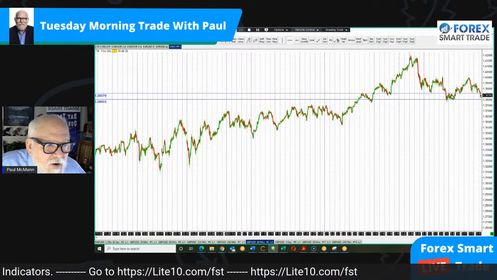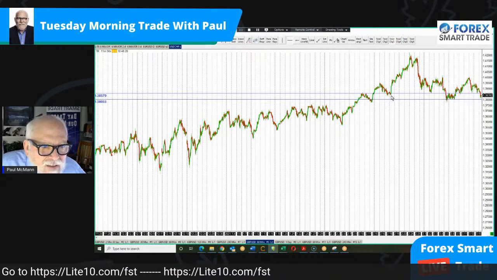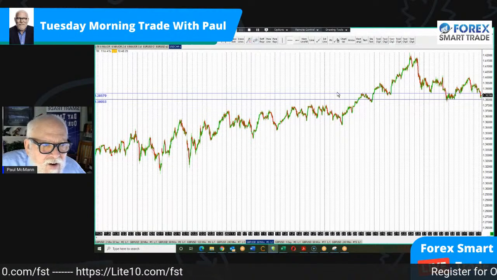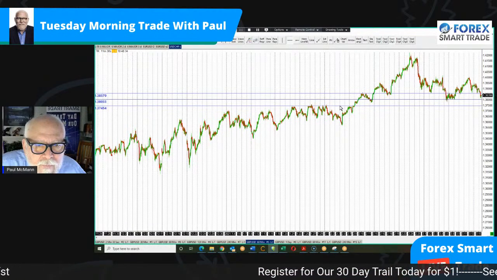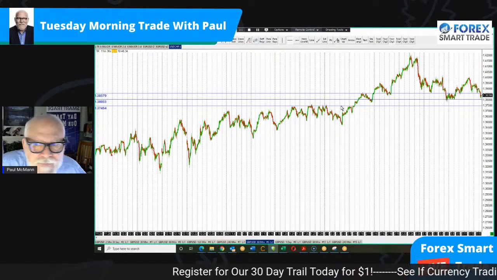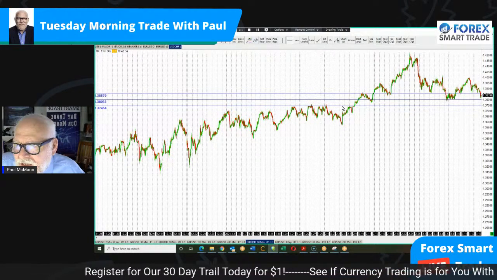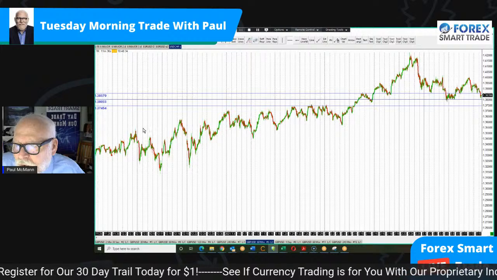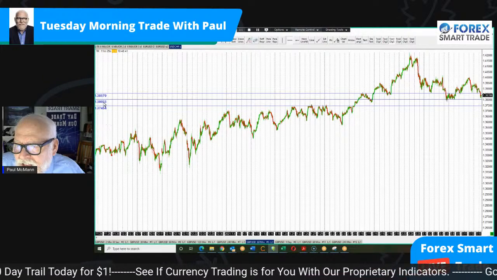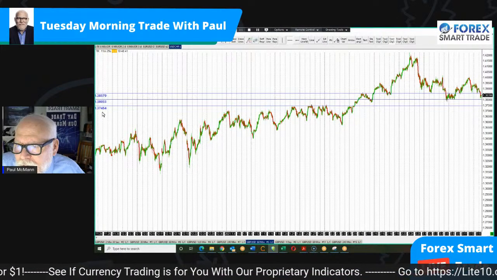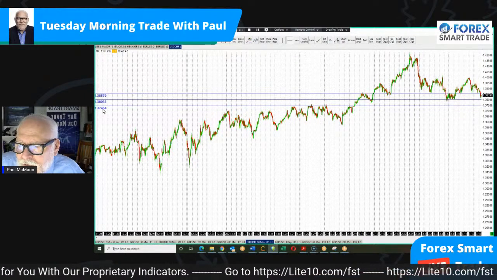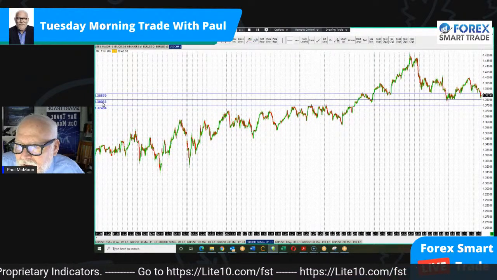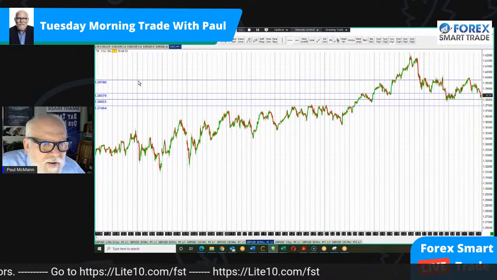Right in here, right in here, right in here, right in here. I want to try to catch one above and one below. Normally on the euro dollar, these tend to be about 30 pips apart. Here they are about 50 pips apart or 60 pips apart.